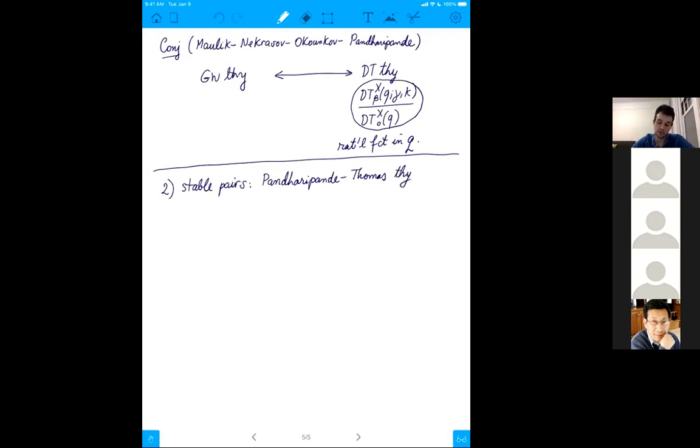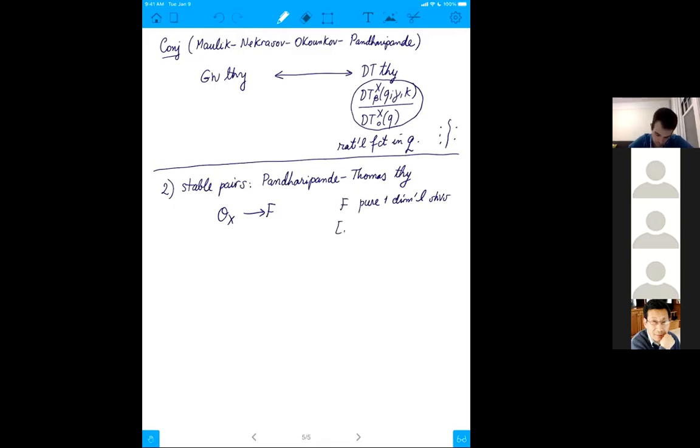So now the objects that are parametrized in our moduli space are not sheaves, but complexes of sheaves. And they are two-term complexes of sheaves, where one term is the structure sheaf, the other one is F, which is a pure one-dimensional sheaf. So we see that here we rule out the situations where we have a curve and points.